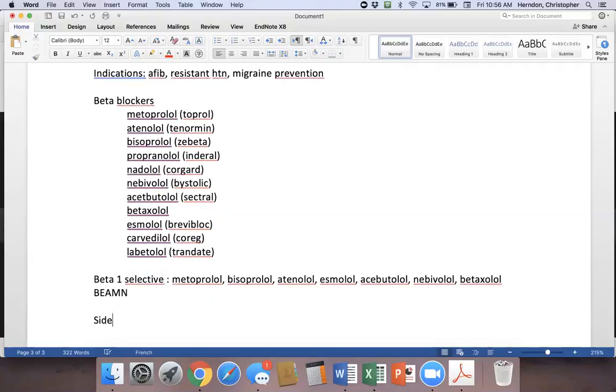Okay, side effects. Go. Bradycardia is a big one. What else? Orthostasis. Next. Fatigue. Thank you. Depression. Did you say ED?